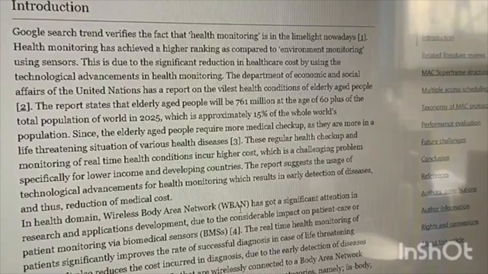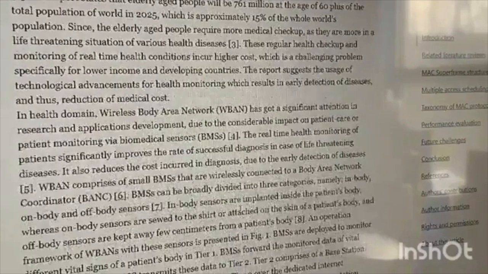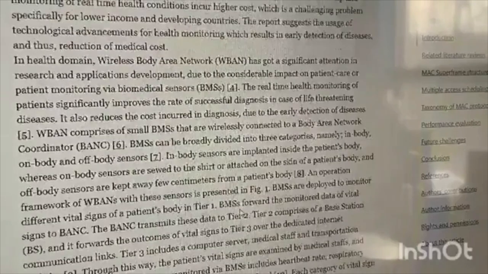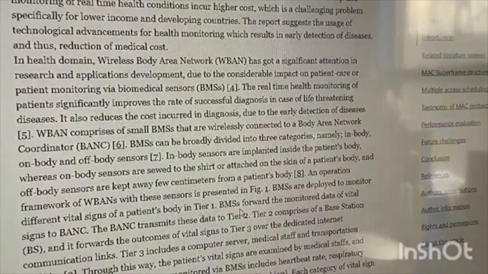A WBAN comprises small biomedical sensors that are wirelessly connected to a body area network coordinator. Biomedical sensors can be broadly divided into three categories, namely in-body, on-body, like your Fitbit, and off-body sensors, Internet of Things, Siri, a nosy camera.